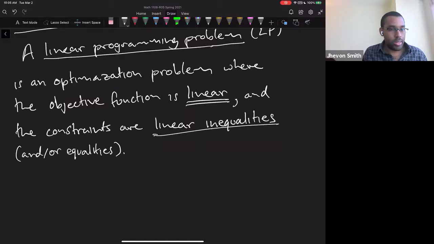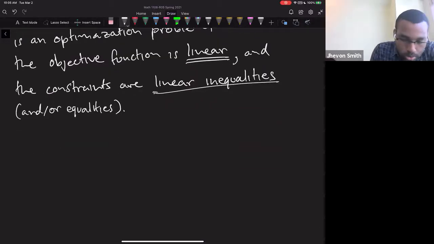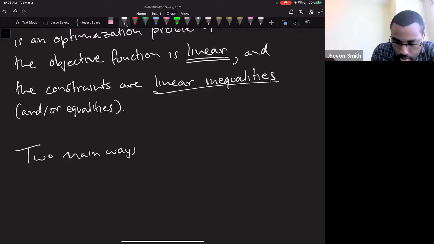So we will focus on 2 main ways to solve LPs. One, you can do it graphically.